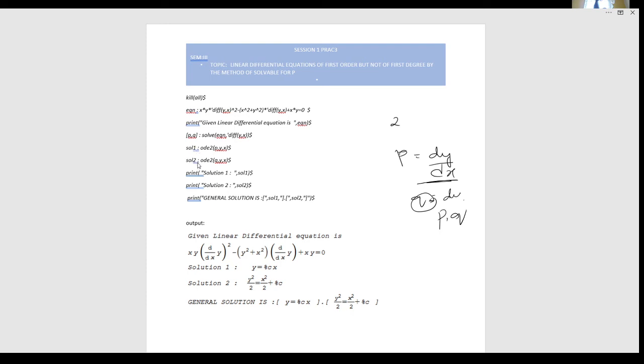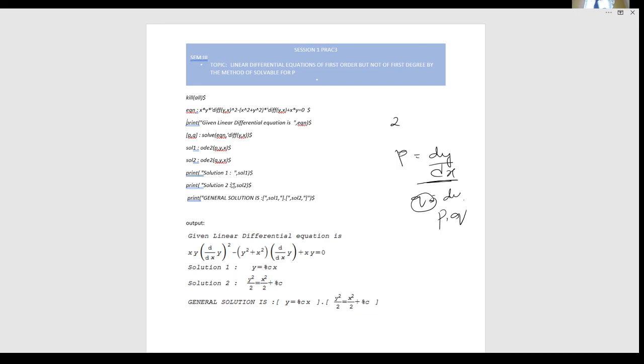These are the two solutions, and we print them. I print, look here, print double inverted comma solution 1 is, comma SOL1. In the same way, print solution 2 is, comma SOL2.